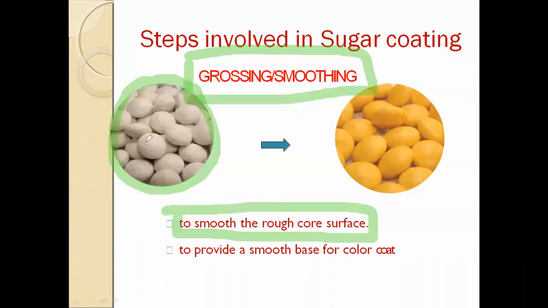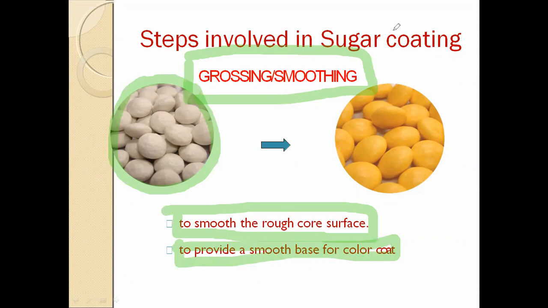As you can see here, the rough core which you achieved in the second step can be given a smooth surface with the help of the glossing or smoothing process. It also provides a smooth base for the color coat. So that's the reason why we do glossing or smoothing.